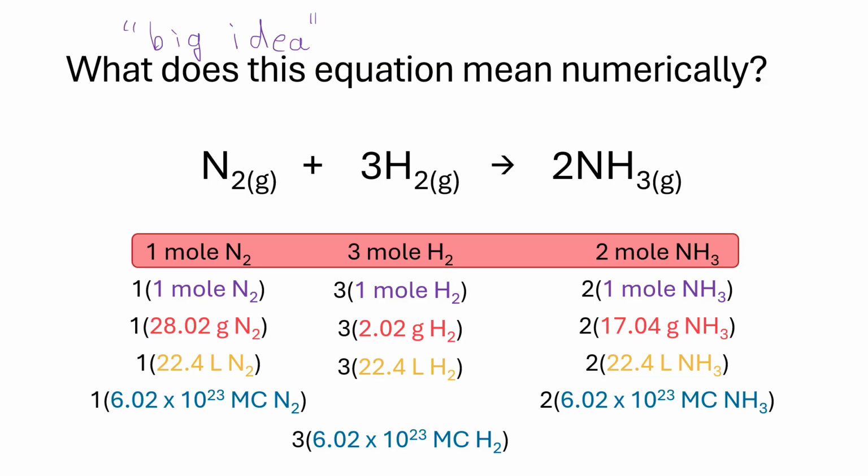So we have now written on this page a whole bunch of expressions that are all equivalent to one another, so that we can do any sort of conversion that we need by picking any 2 of these equivalents, because all of these things are equivalent. So we can build our conversion factors.